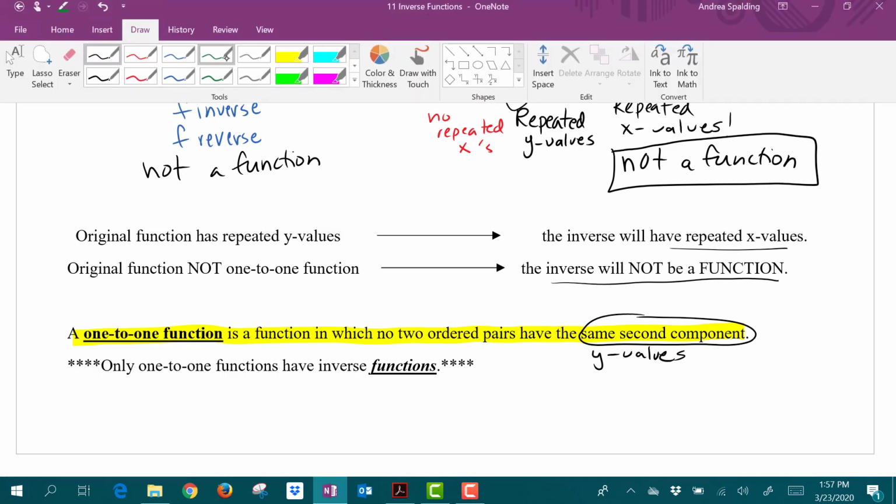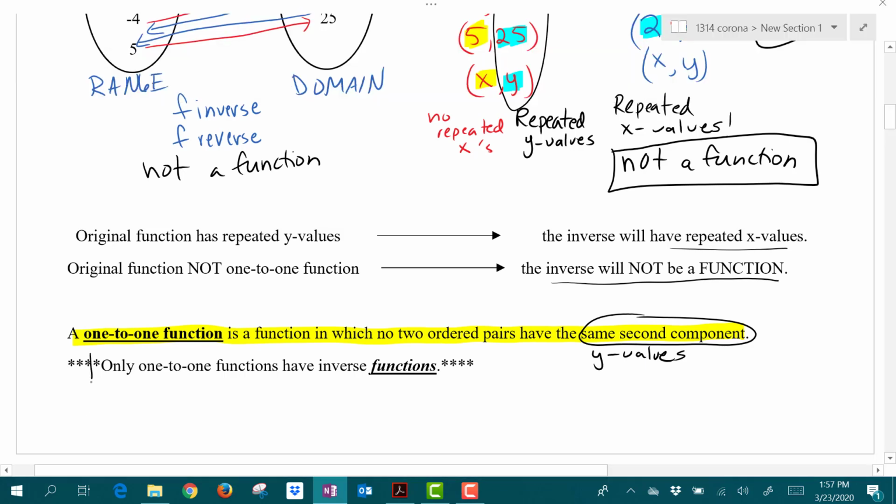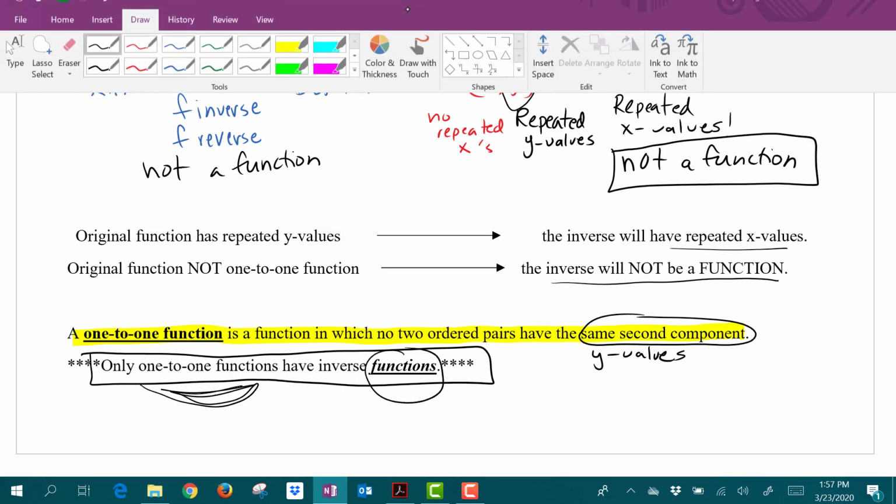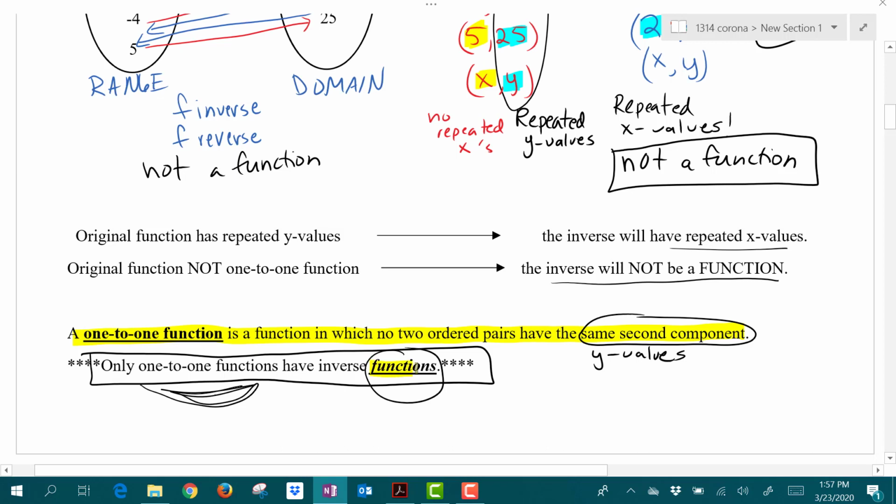So the big takeaway actually from this page is that if we care about having a function, it is important to know that only one-to-one functions have inverses that are also functions. The key word there being function. So if you want to work with only functions, your original function must be one-to-one. Your original function cannot have any repeated y values if you want your inverse to also be a function.